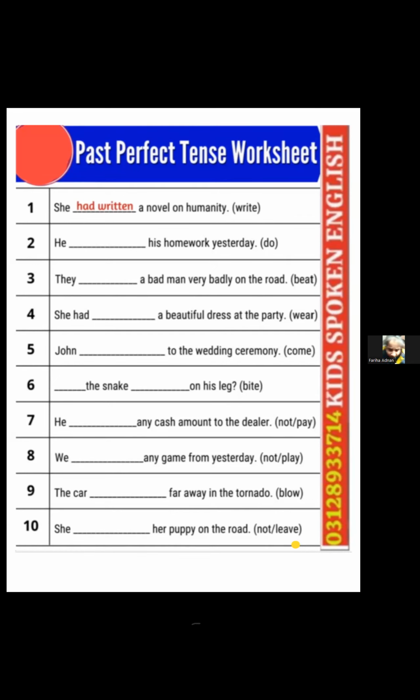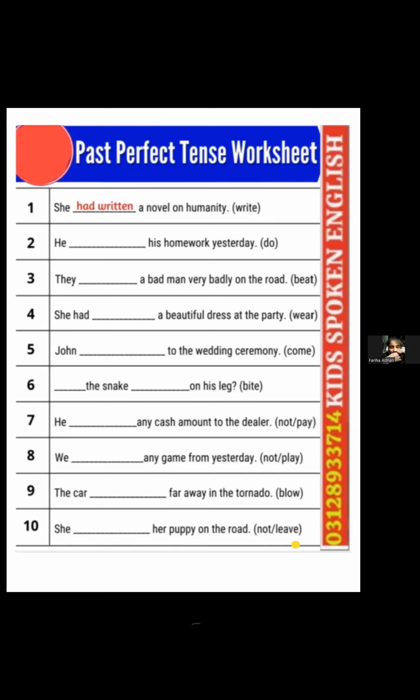We had not played any game from yesterday. We had not played any game from yesterday. Perfect, dear. Really well done.